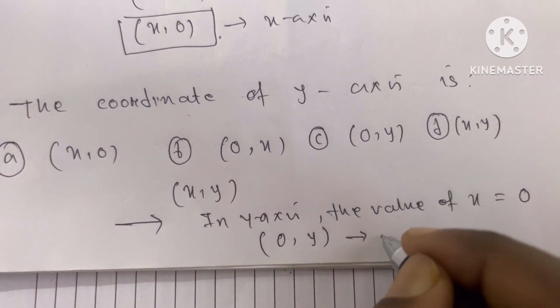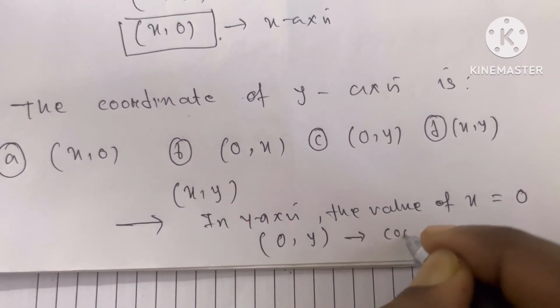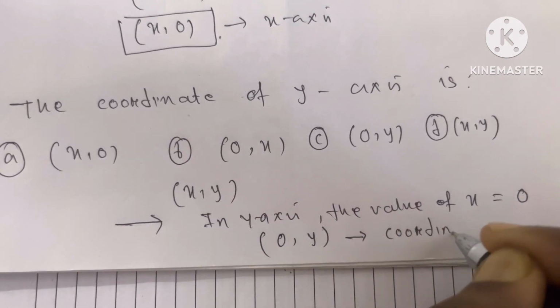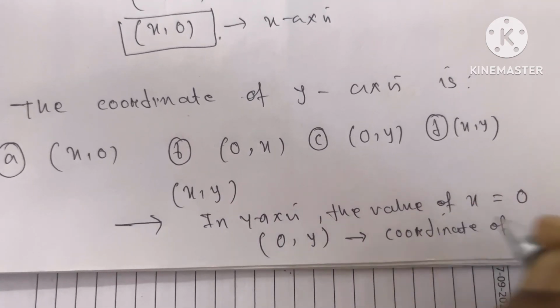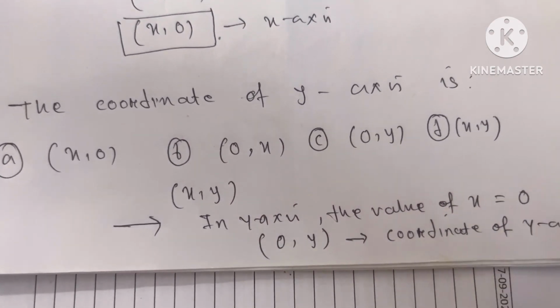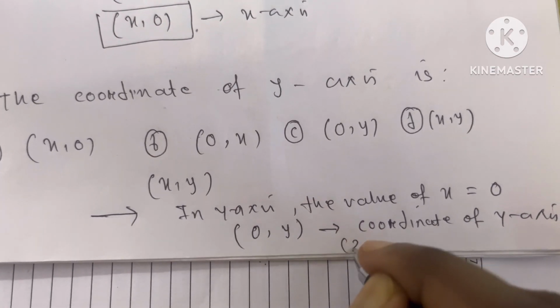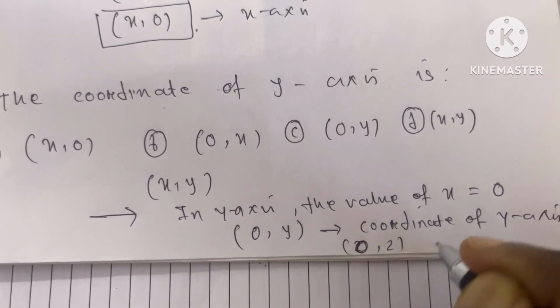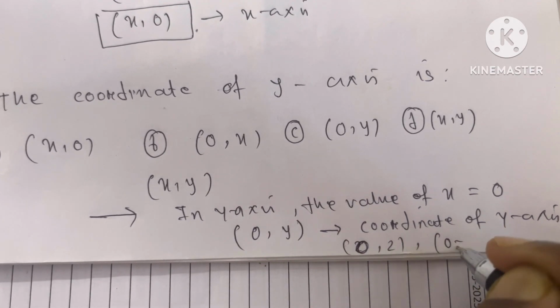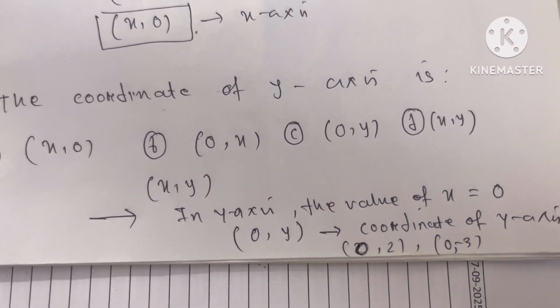This is the standard form of coordinate of the y-axis. Examples of coordinates of the y-axis are 0 comma 2 and 0 comma minus something, right?